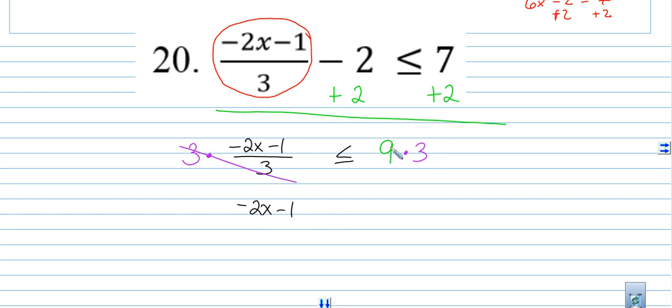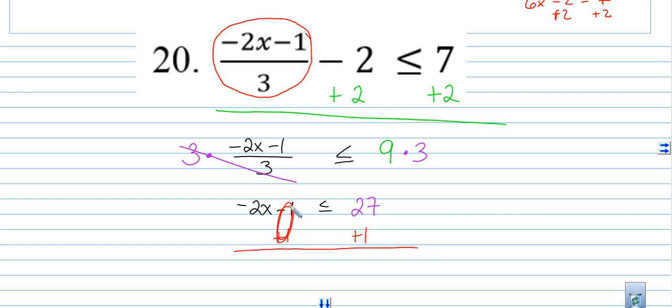We multiplied both sides by a positive 3, so the sign stays the same. And 9 times 3 is 27. Now we're just like we were up here. We have to subtract 1 that we need to get rid of, so we'll add 1 to both sides.